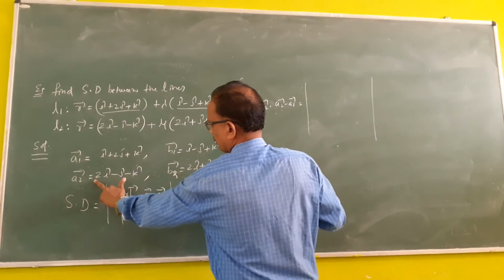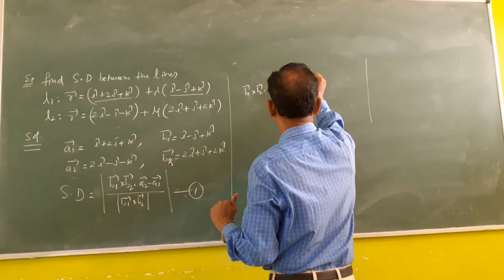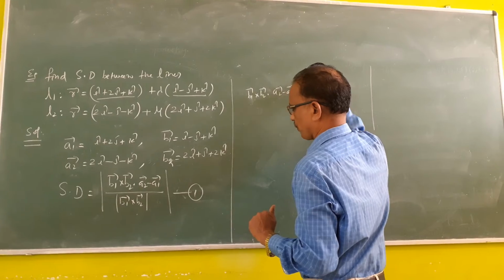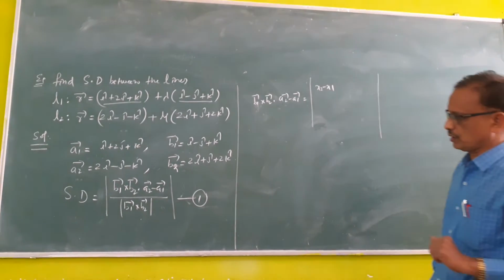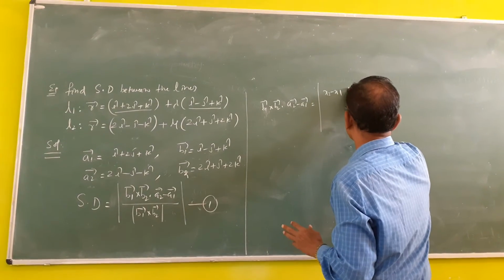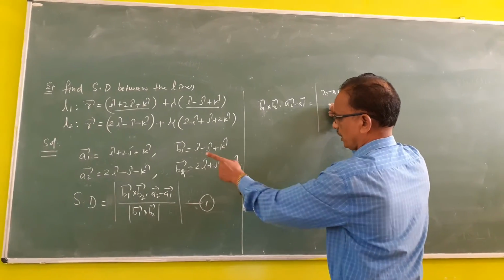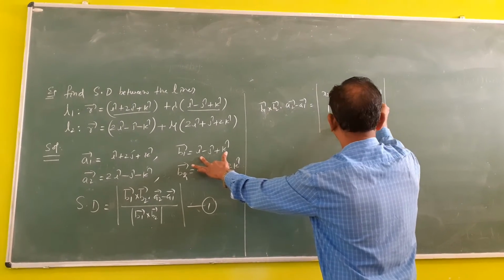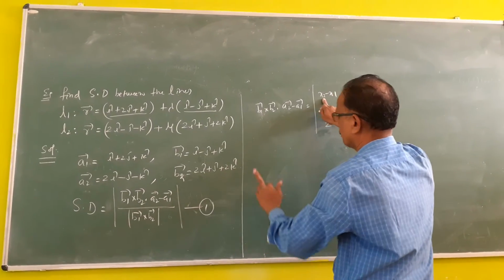Or we can use the determinant with X2 minus X1, Y2 minus Y1, Z2 minus Z1, and the direction ratios of the first two lines, B1 bar and B2 bar. The dot product is a long process, so this is better. These values we can replace.